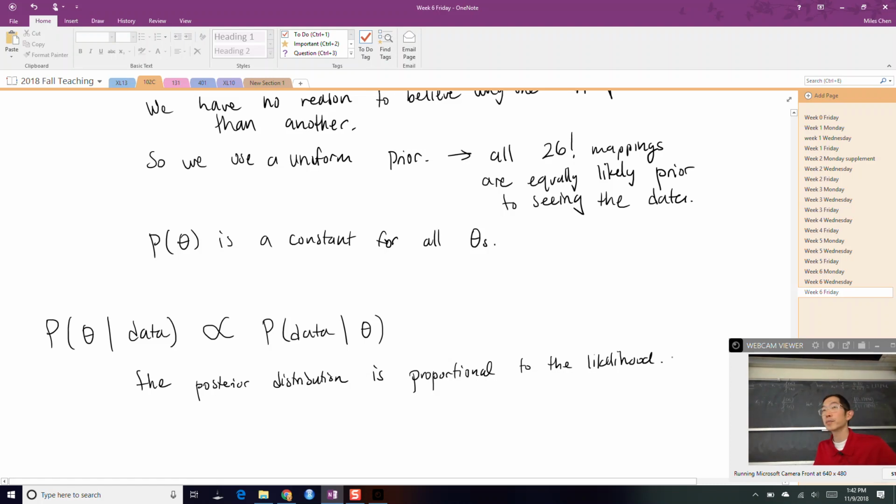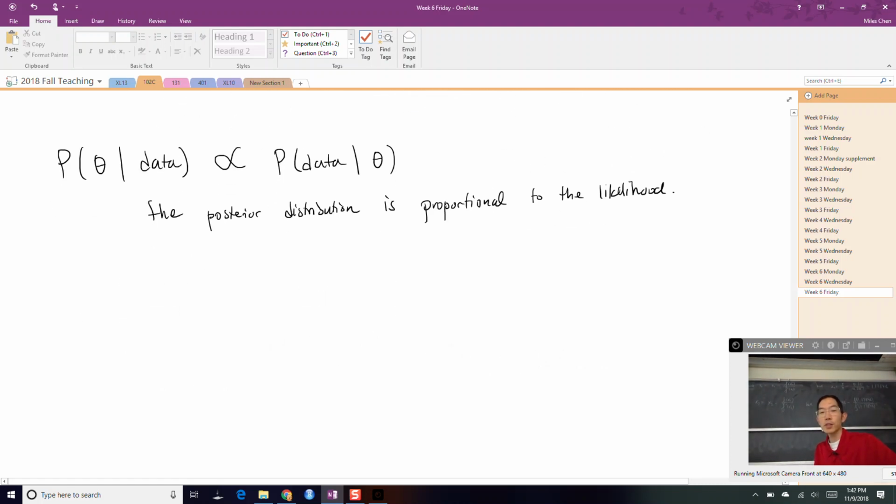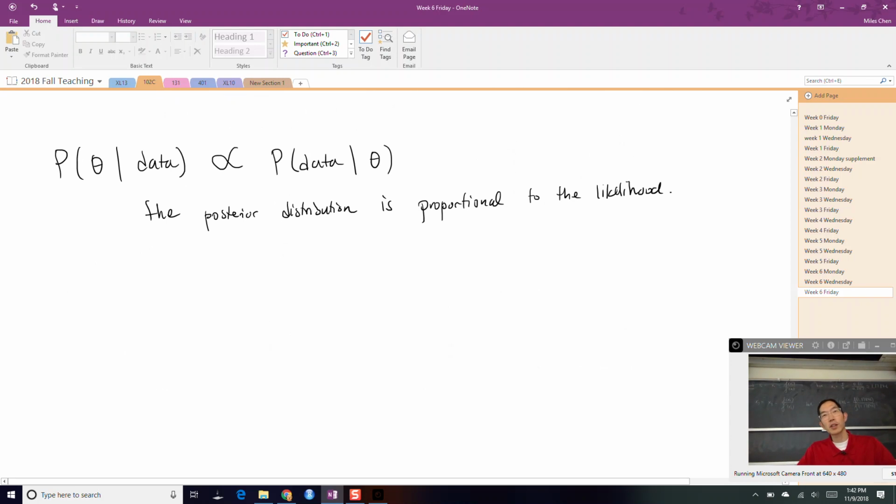All right, is this okay? All right, so this is the hard part, which is how can we talk about the likelihood of getting an encrypted message given a particular cipher? How can we measure the probability of a ciphered message given a particular decoder key? Right?